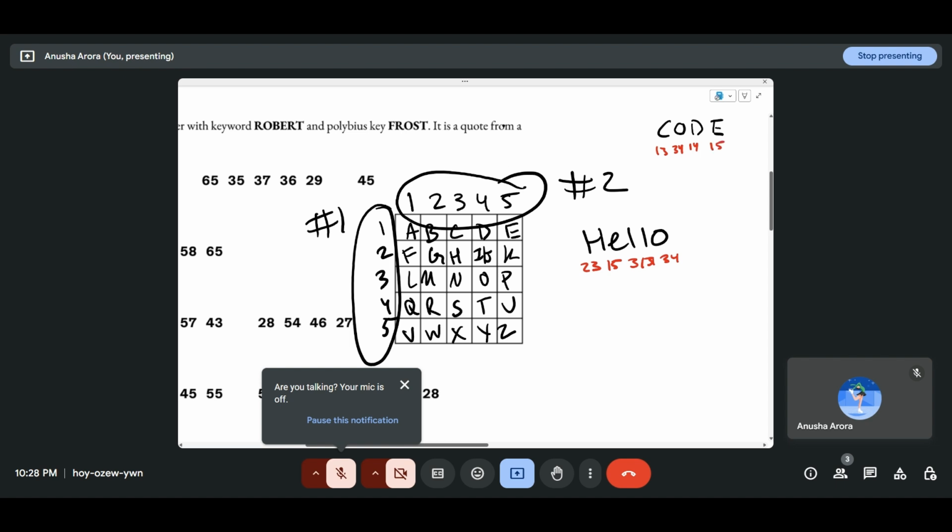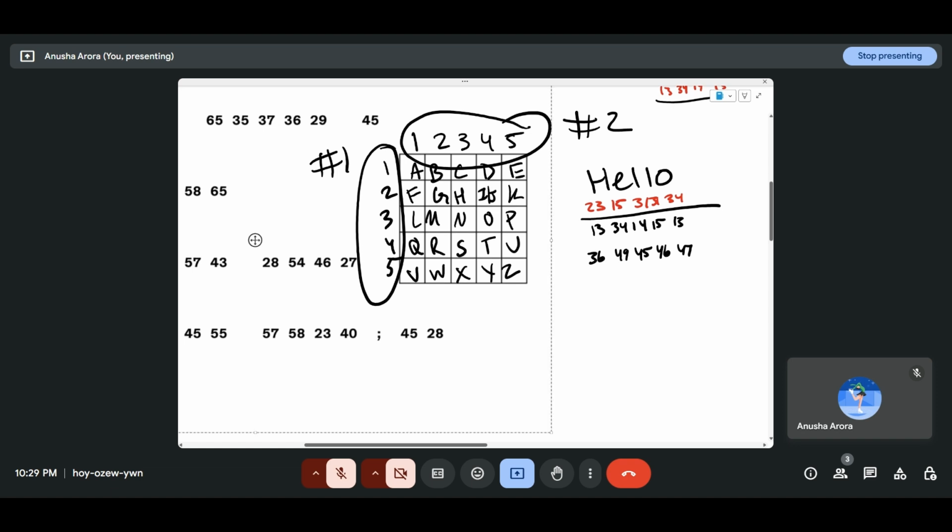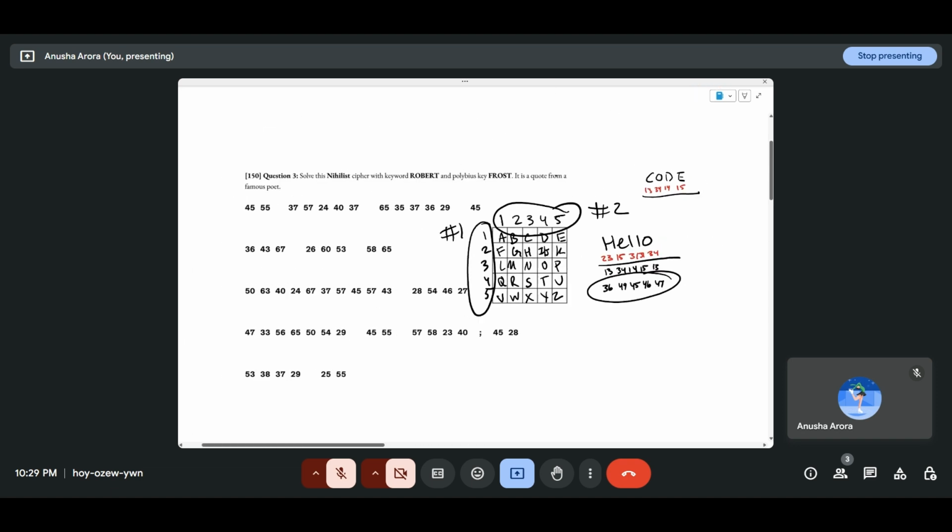Since we're encoding, all we're going to do is add these numbers to these numbers right here. So 13, 34, 14, 15, and then we just keep repeating. So we're going to add 13 back here. If we add this, we get 36, 49, 45, 46, and 47. So that's the encrypted message.